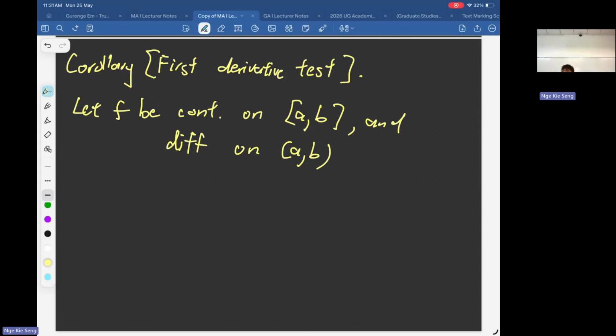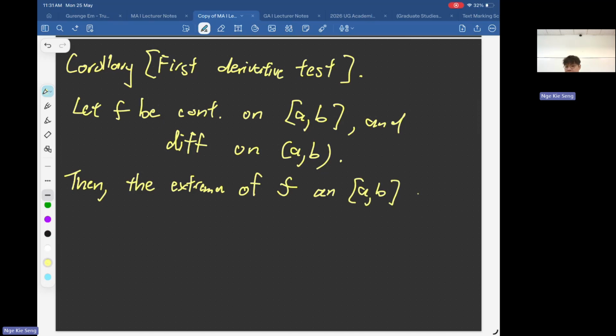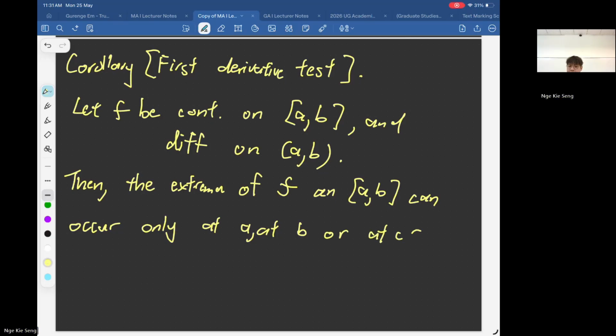Then the extrema of f, so this is an absolute extrema, not the local one, on the closed interval [a, b] can occur either at the endpoint or at a point where the first derivative is 0. Okay or not?